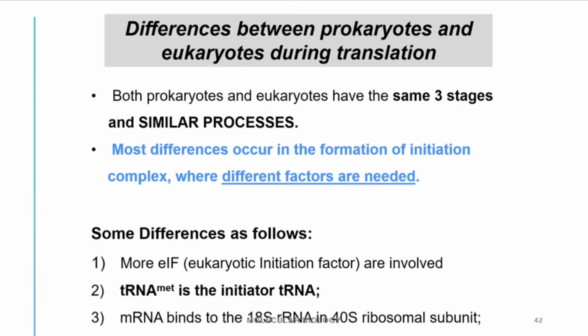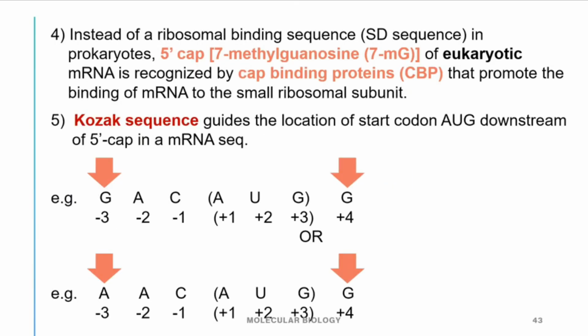Okay, the next difference, which is probably the most important difference between prokaryotes and eukaryotes, is at the binding of the ribosome to the mRNA. For prokaryotes, the ribosome actually binds to the Shine-Dalgarno sequence, which is a little bit upstream of the start codon of the mRNA. Whereas in eukaryotes, the binding of the ribosome is actually near the 5' cap.